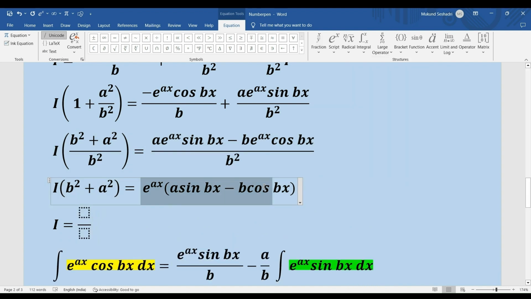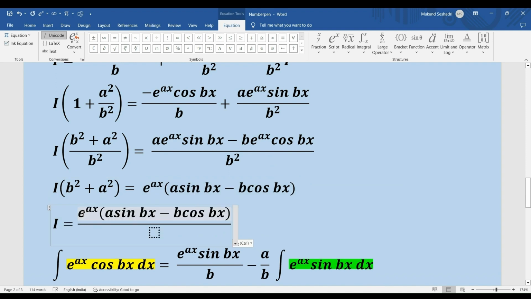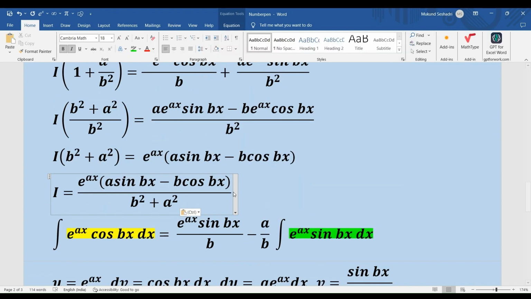My x is nothing but e to the power ax times a sine bx minus b cos bx, and my denominator is b square plus a square. And then I have my constant plus c. So my answer to this problem is e to the power ax times a sine bx minus b cos bx, the whole divided by b square plus a square, plus my constant c.